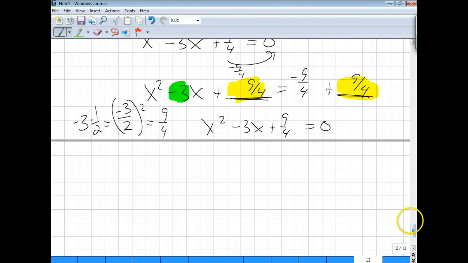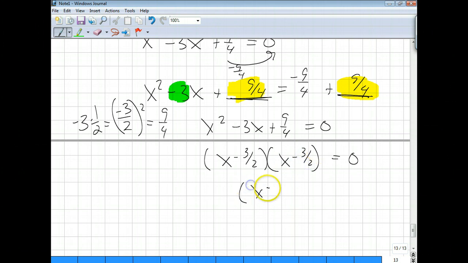Which means that we could have factored at the very beginning. It would have solved by factoring. But we know that the left-hand side is going to factor to x minus 3/2 and x minus 3/2, which is x minus 3/2 squared. Take the square root of both sides.